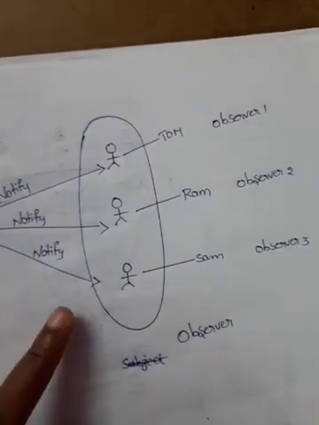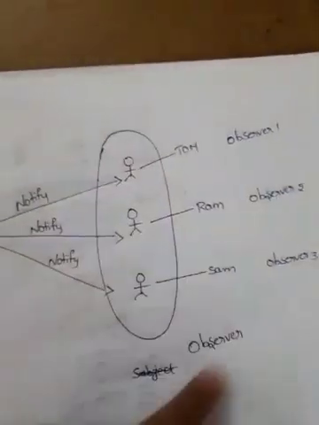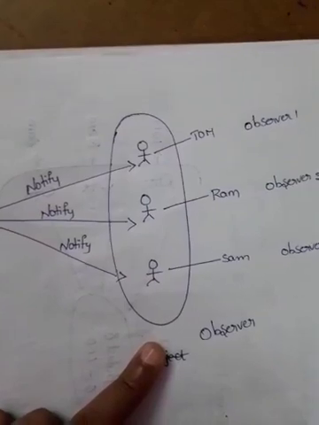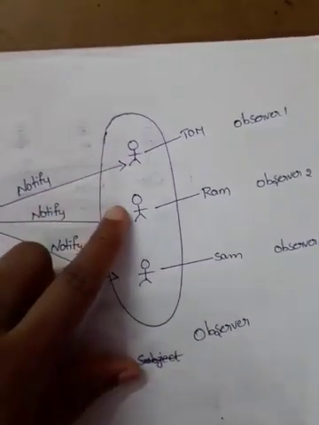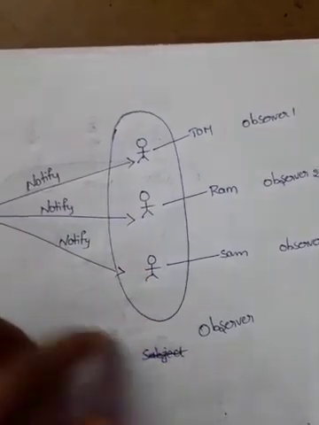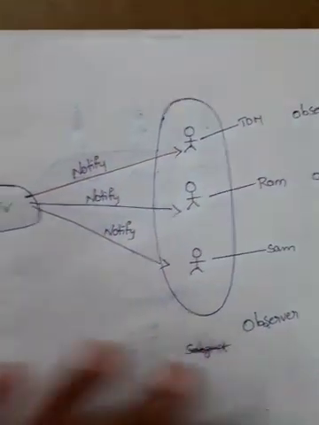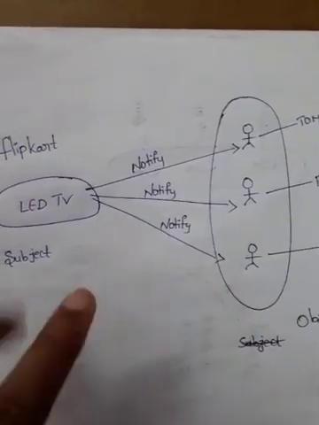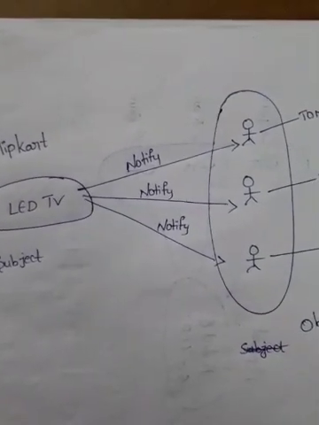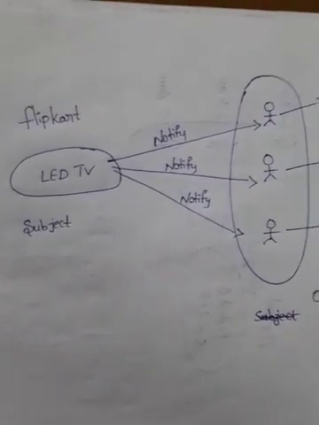The observer part is where the persons are searching for the product, so they become observer 1, observer 2, observer 3. These two will become the main components in our structure.